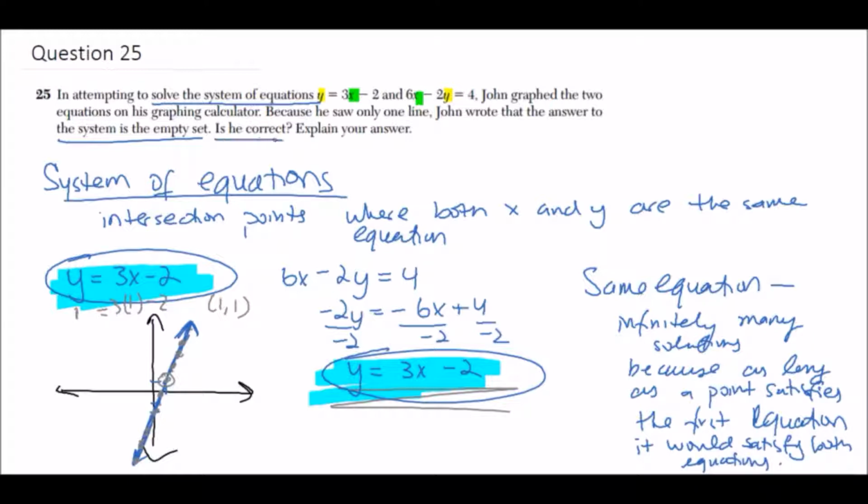So in short, no, John is not correct. The solution is not the empty set. The solution is all the points that satisfy the first equation.